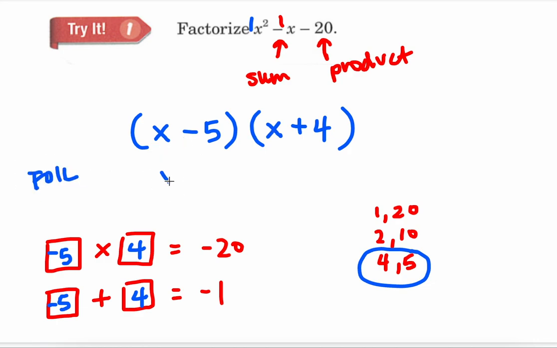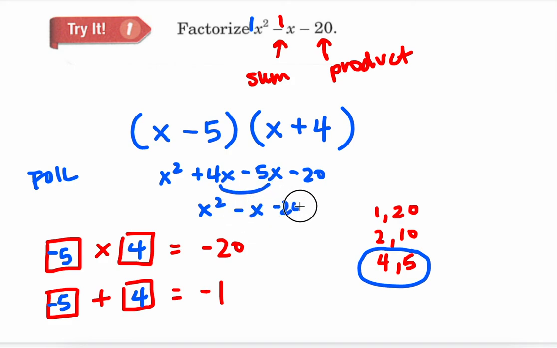First times first, that's x squared. Outer times outer, so x times 4, so that's plus 4x. Inner times inner, negative 5 times x, that's negative 5x. And then my last terms, negative 5 times 4 is negative 20. These get added together. 4 minus 5 is negative 1, so it's a negative x minus 20.